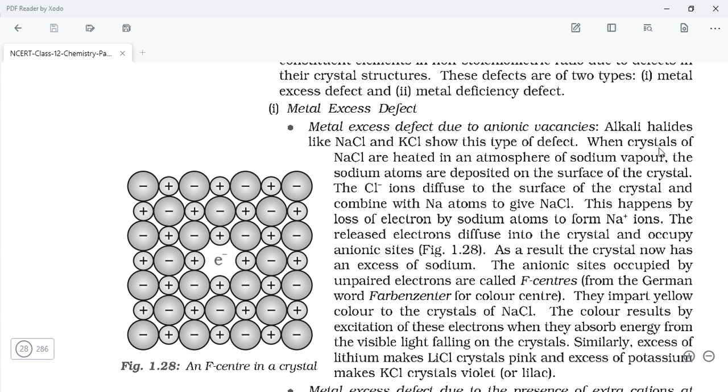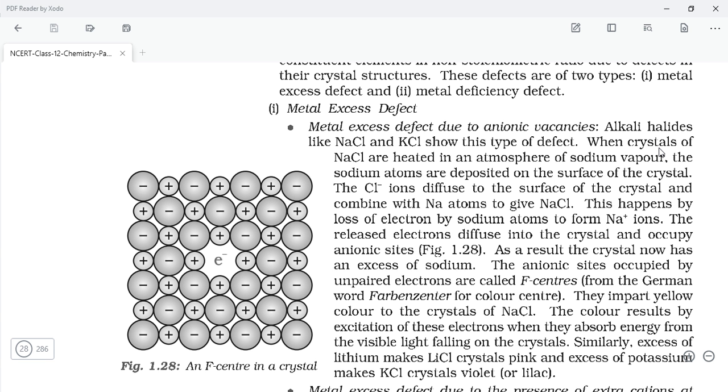The Cl minus ion diffuses to the surface of the crystal and combines with Na atoms to give NaCl. This happens by loss of electron by sodium atoms to form Na plus ions. The released electrons diffuse into the crystal and occupy anionic sites.